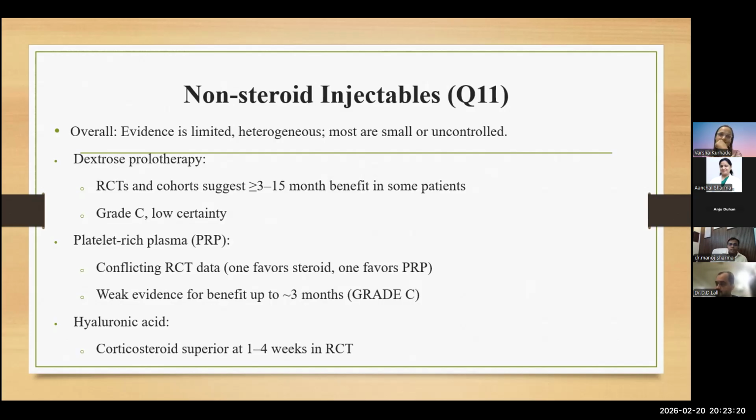For platelet-rich plasma therapy, there were two randomized control trials, one done in 2022, which favored steroid, and one done in 2017, which favored PRP therapy. It also has grade C evidence. For hyaluronic acid, one randomized control trial showed that corticosteroids with local anesthetic had superior results for 1 to 4 weeks compared to hyaluronic acid.